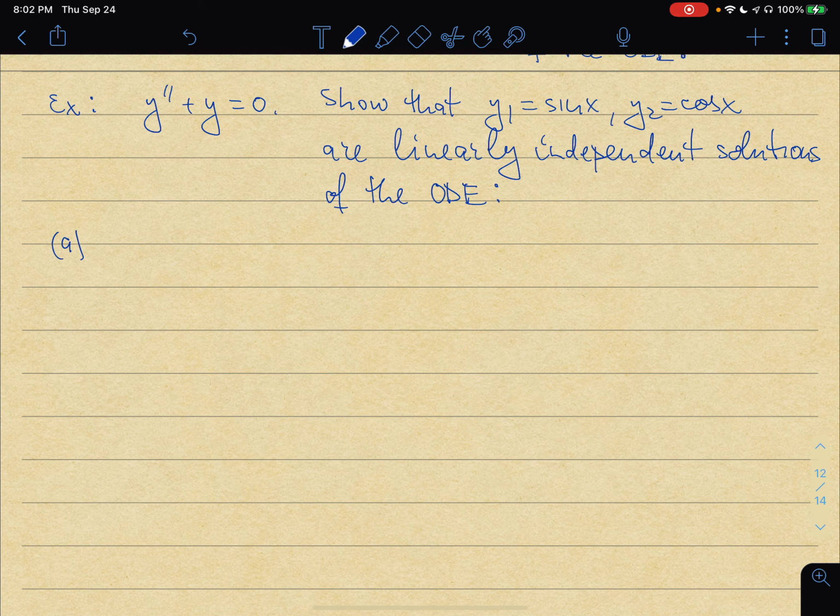So part A, to show that they are solutions, y1 prime is cosine x, y1 double prime is minus sine x, y2 prime is minus sine x, y2 double prime is minus cosine x.